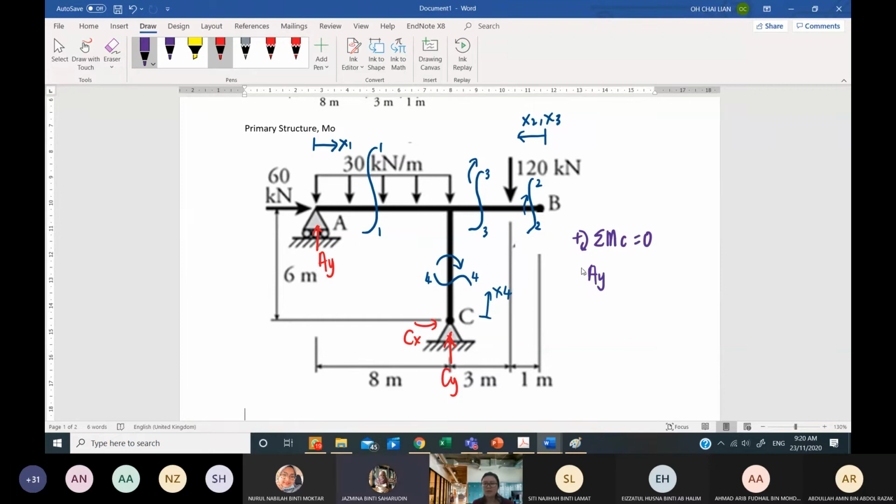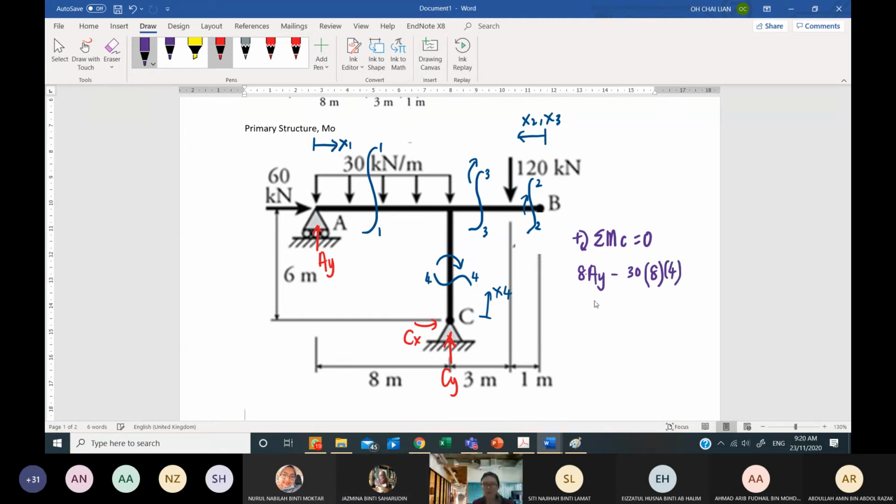What is the distance, class? 8. Thank you. And the 30 is negative or plus? Negative. Yes, 30, and the length is how much? 8. And then 4, correct.